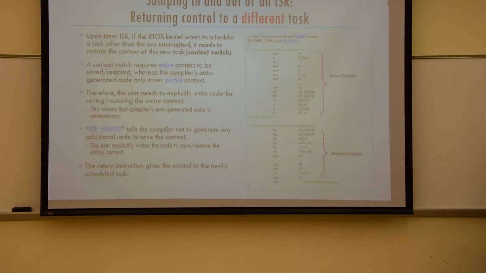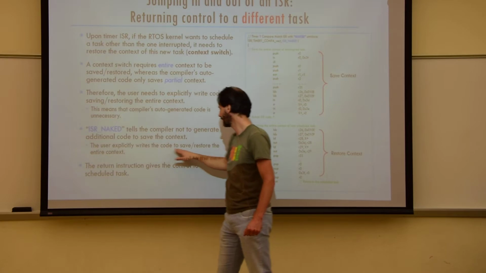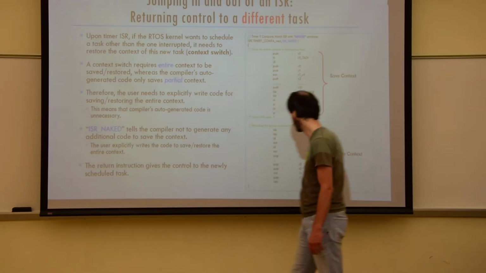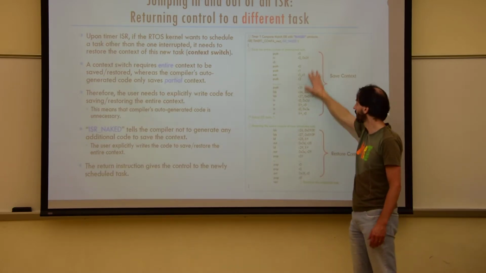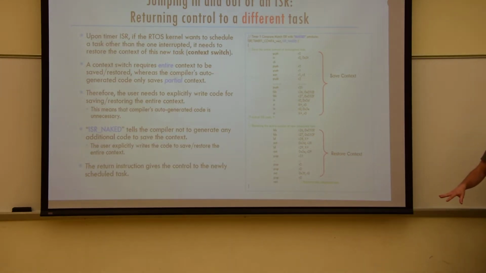We are going to do it ourselves. So the user explicitly writes this code to save and restore the entire context, and again with the return instruction at the end to go back. Here we have that code, and we're going to discuss it in more detail a little bit later.